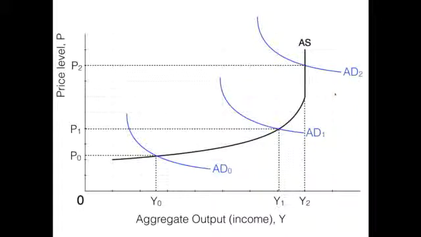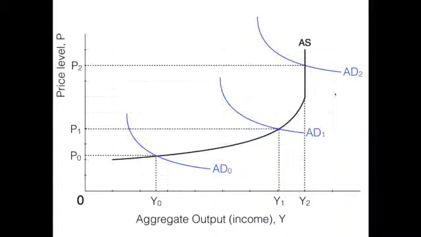So what you see here is that there is going to be more pressure on prices because we are getting to the full employment output level. Unemployment is not such a big problem. So in order to induce more people to work, wage rates are going to have to go up. And as aggregate demand increases, the input costs are going to increase.